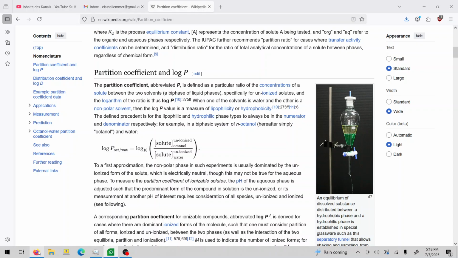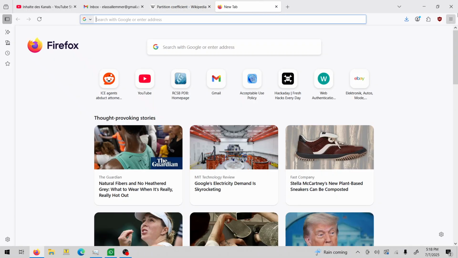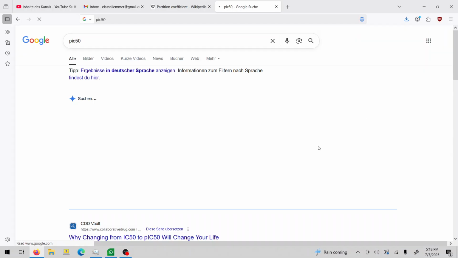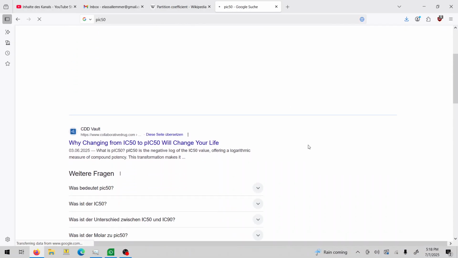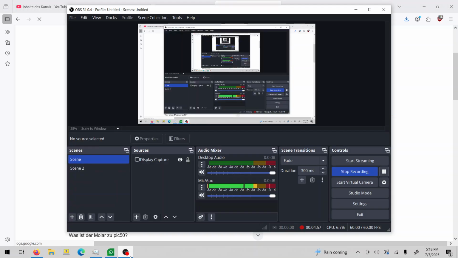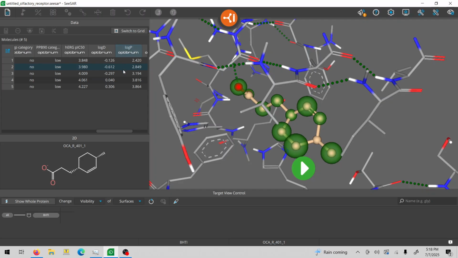But what is pIC50? Is a low value good, or is it better to be higher? I don't know. But it seems the more we modify it, the higher it gets.